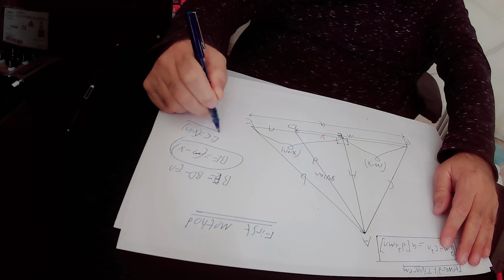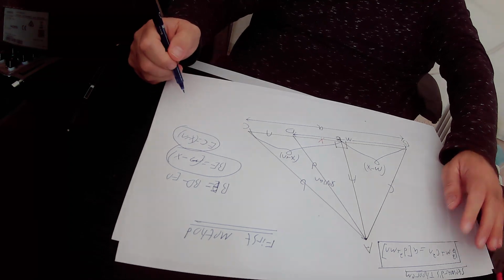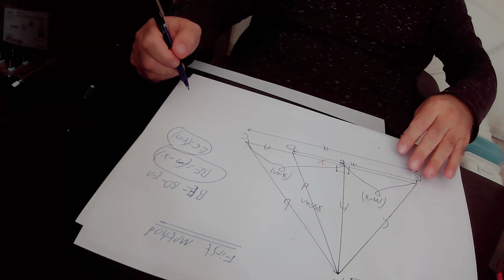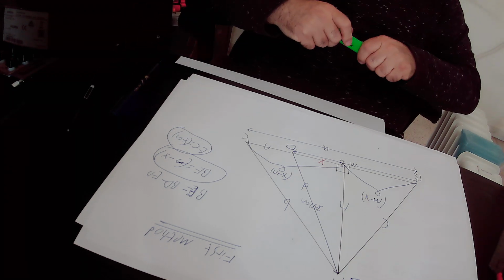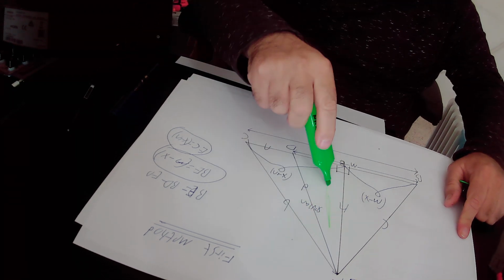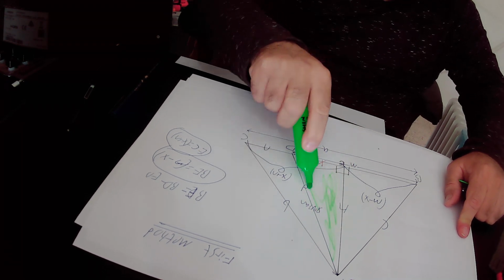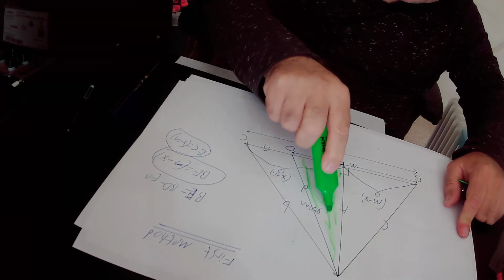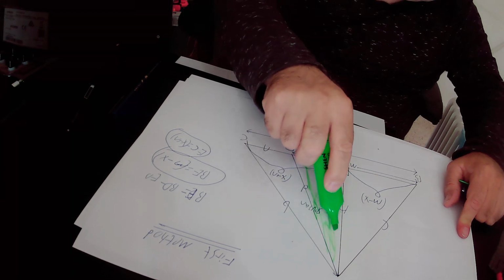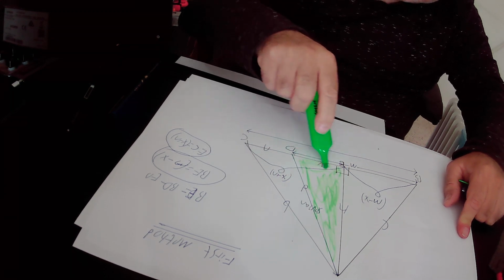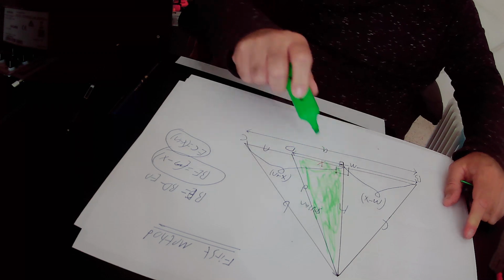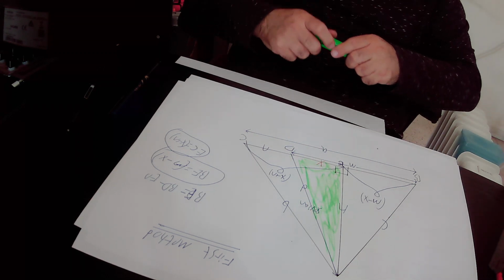In the next step, we'll implement the Pythagoras theorem on the right green triangle, triangle AED.